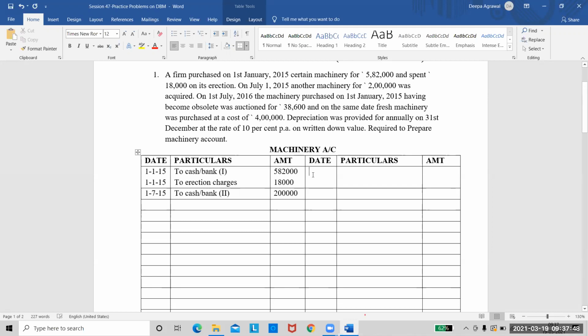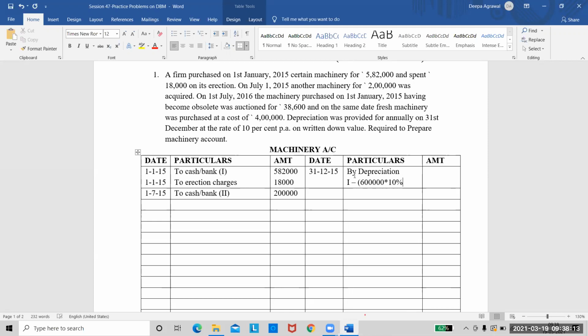Now we need to come to the end of the year. My year will end on 31st December 2015. And I'll have to provide depreciation on 2 machineries. Right? So put the heading by depreciation. First one is for the first machinery. Put it in brackets. I will directly take 6 lakhs into 10%.